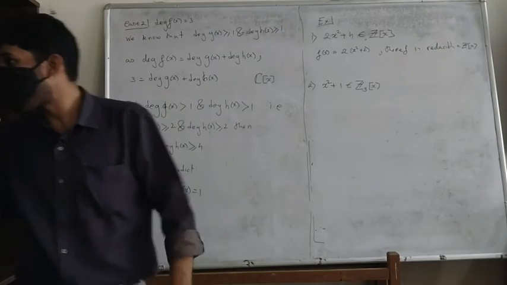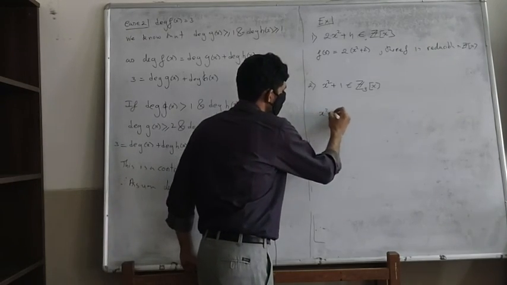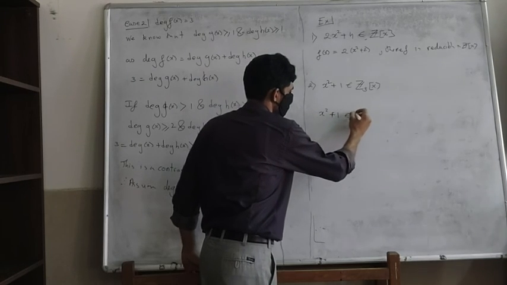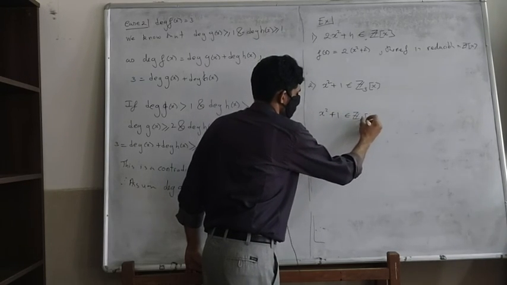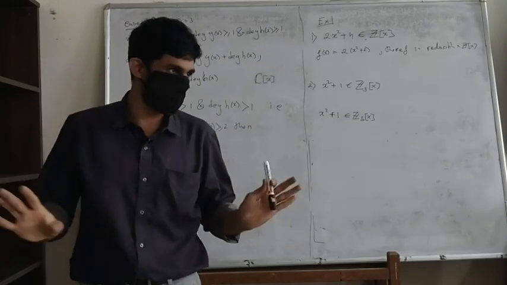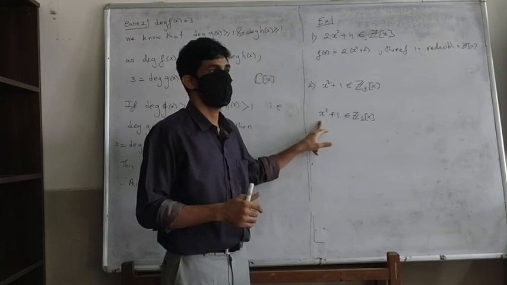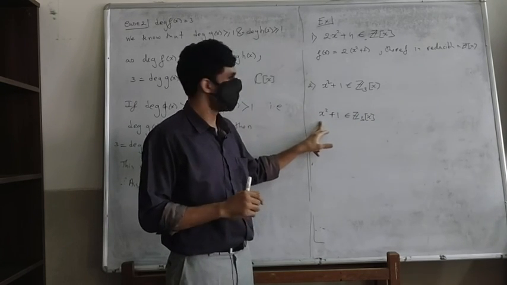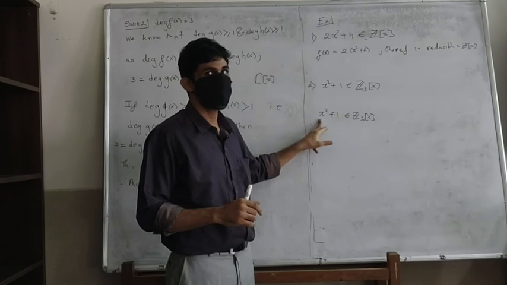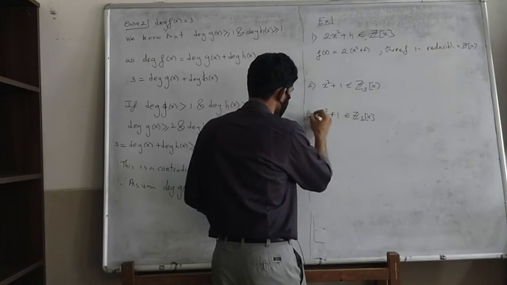What about in Z5? Is this reducible or irreducible in Z5? Again, all you've got to check is the roots. 0 is not a root. Is 1 a root? No. Is 2 a root? Yes.